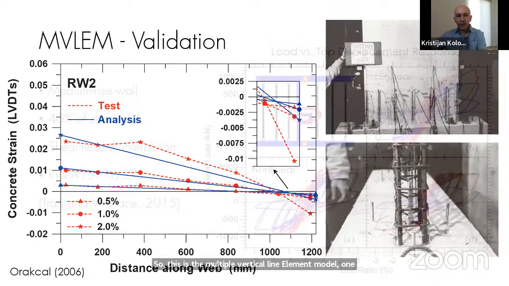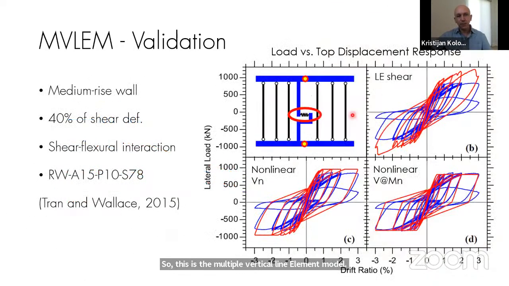One thing that is important to mention about this model is that the behavior of these vertical fibers that represent the flexure and the behavior of this shear spring that represents the shear behavior are totally uncoupled. So they don't have any interaction. Because of that, the shear and flexure responses in the model are totally uncoupled.